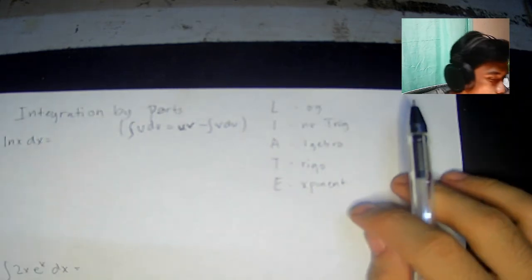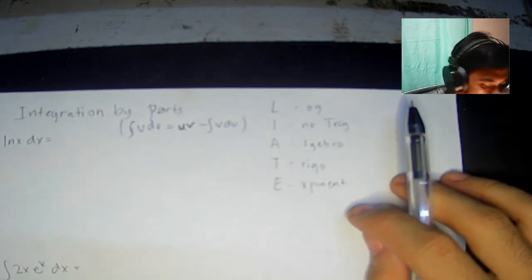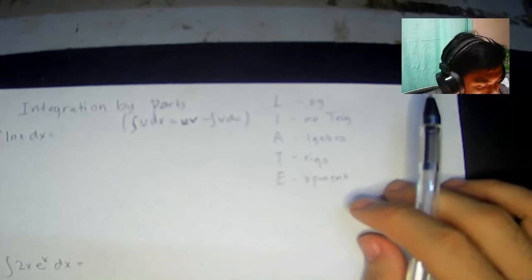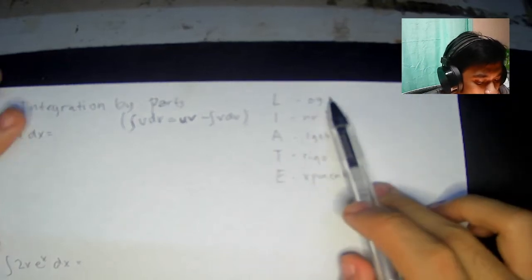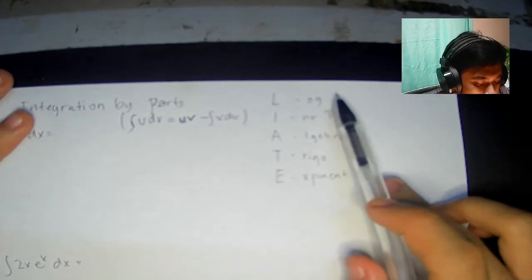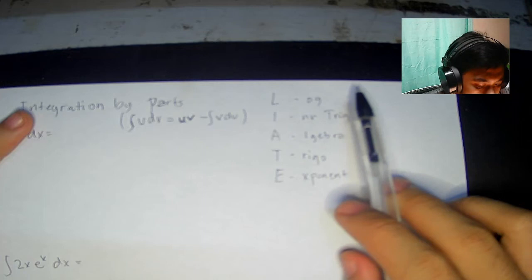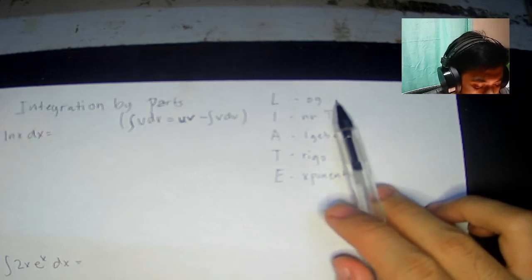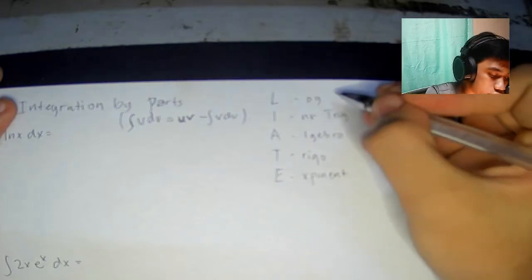So when it comes to integration by parts, instead of only substituting u, you also use v. You can substitute u and v. You must prioritize in this order for u, so if you have logarithms, you prioritize them.